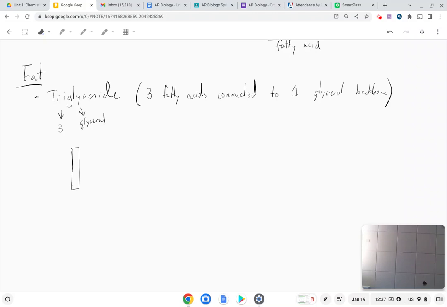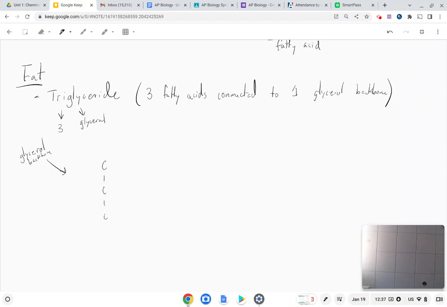And so what that looks like is we got the glycerol backbone. And then connected to that, you've got 3 fatty acids. So let's actually draw the actual chemical structure first. So glycerol looks like this.